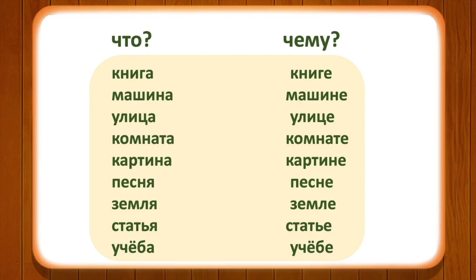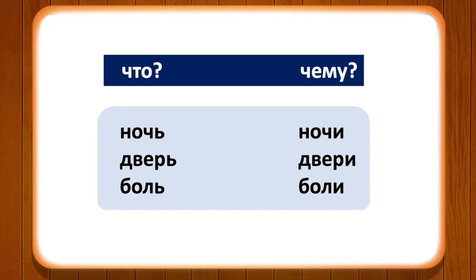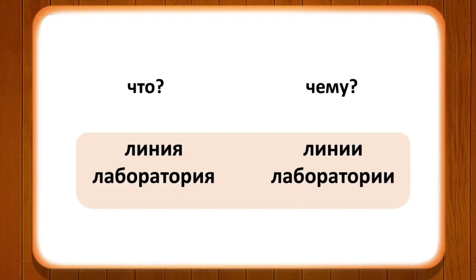Kniga changes into knige, machina changes into machine, ulitsa changes into ulitse, komnata changes into komnate, karchina changes into karchine, pesne changes into pesne, zimlya changes into zimlye, stachya changes into stachye, uchoba changes into uchobe, and portfel changes into portfel. Karabil changes into karabliu.